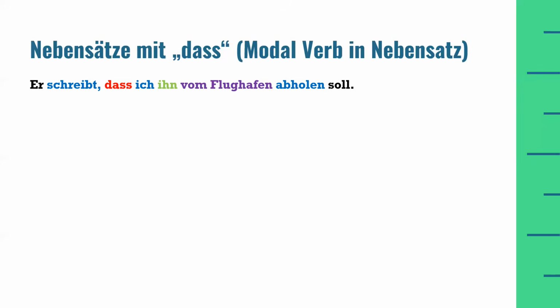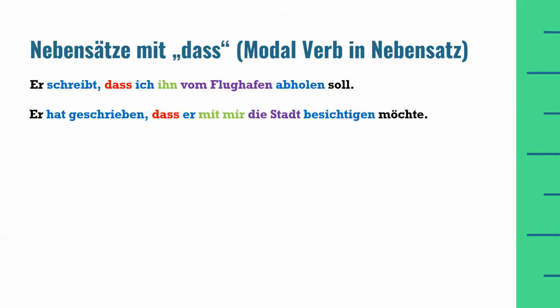Instead of using von dem, we can use the short form, which is vom. Then comes the verb, which is abholen. So abholen will remain in infinitive form, because we are using a modal verb here, which is conjugated according to the subject ich. So sollen becomes soll and abholen remains abholen.